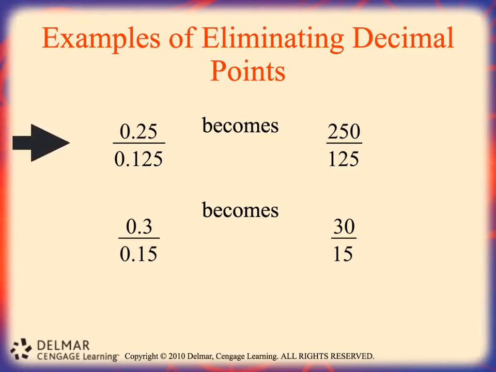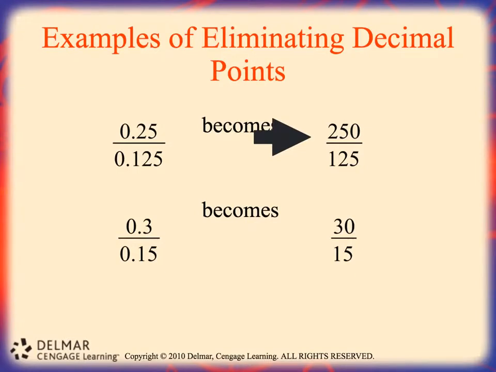So for example, if you are dividing 0.25 by 0.125, what do we have to do? Well, we've got 3 decimal places here. We move it 1, 2, 3, that becomes 125. We have to move it the exact same number in the numerator, so obviously we're going to move it 1, 2, and we're going to have to add a 0 in order to make them equal and have 3 places to move it, so that becomes 250.